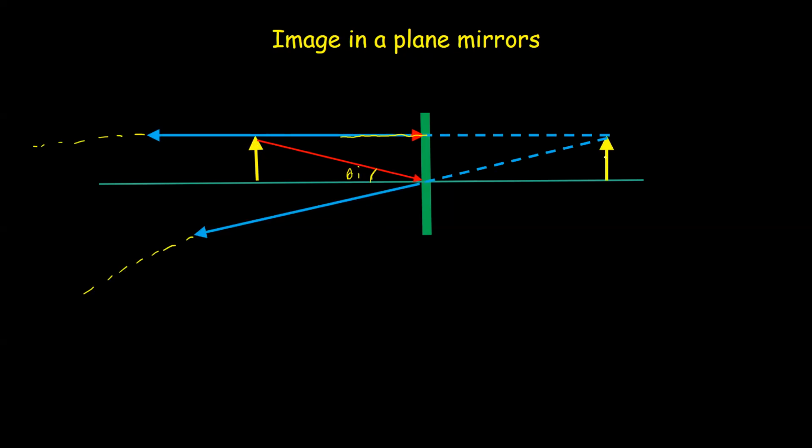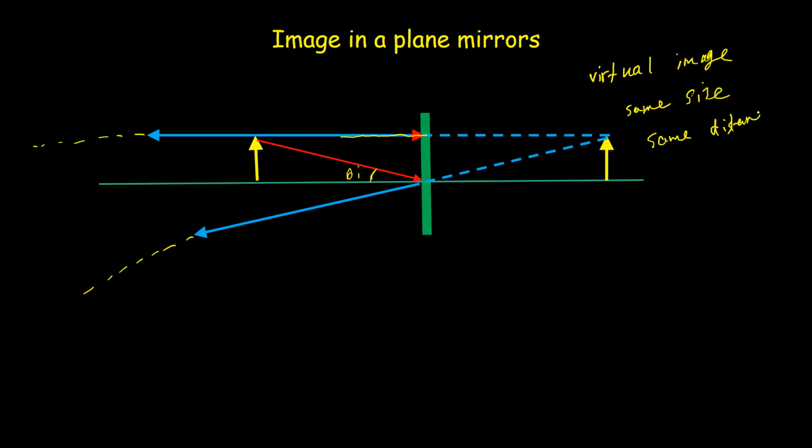But you can see this image is at the back of the mirror, so we can't have it on a screen. The images that form at the back of the mirror we call virtual images. So it's a virtual image. And as you can see, it's the same size as our object, and it's the same distance from the mirror.